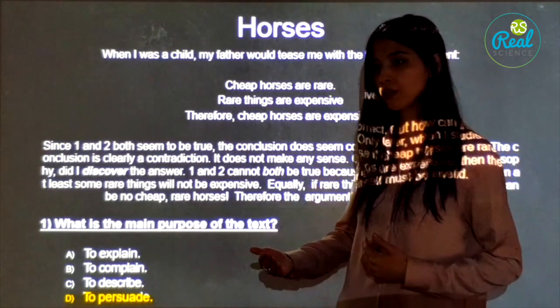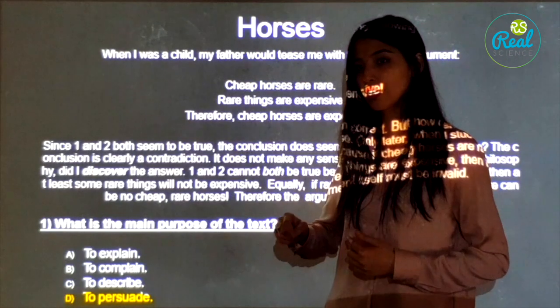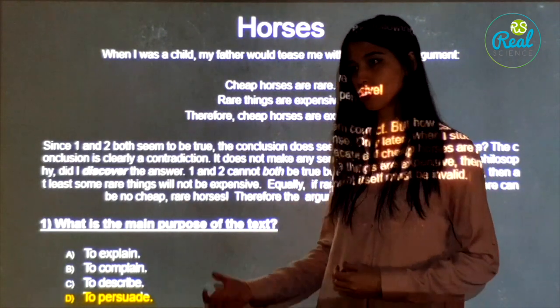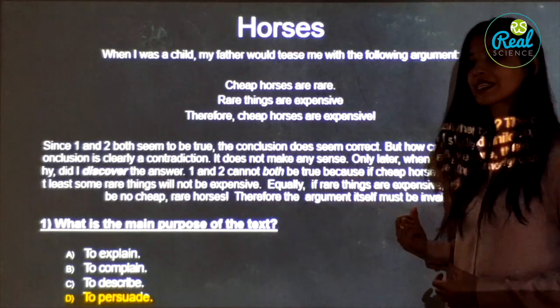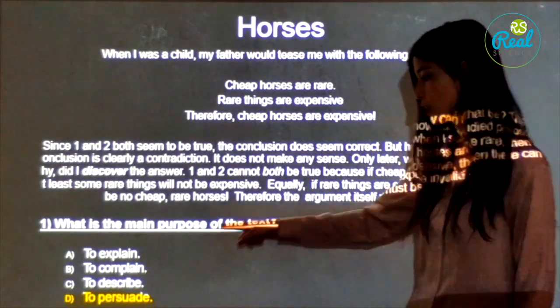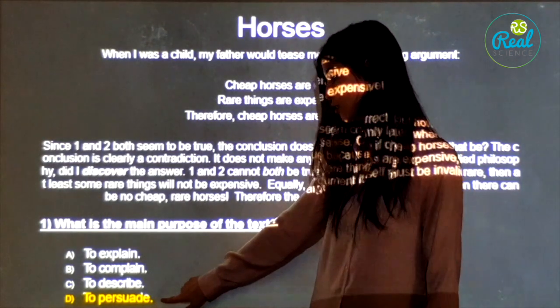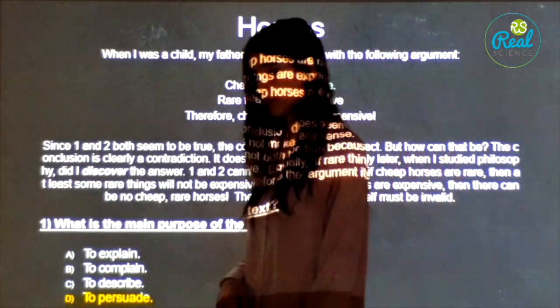Not just explaining, but also telling why and rebutting the other view. Rebutting means destroying other opinions. So here it's been destroyed by saying it's invalid. So that's why it goes to persuade. Do you see the highlighted answer? Yes. Great.